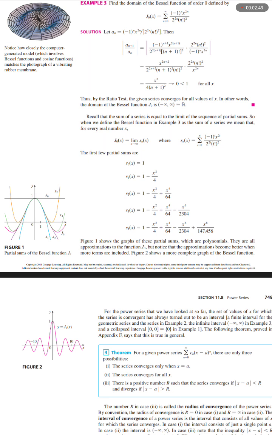Anyway, back to the text. Figure 1 shows the graphs of these partial sums, which are polynomials. They are all approximations to the function J_0, but notice that the approximations become better when more terms are included. Figure 2 shows a more complete graph of the Bessel function.